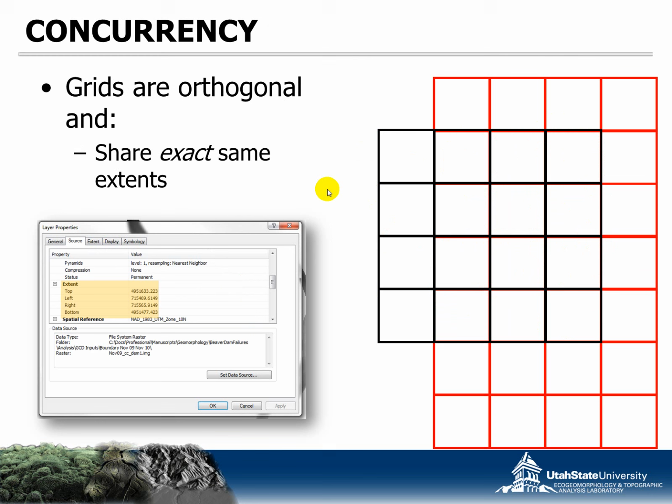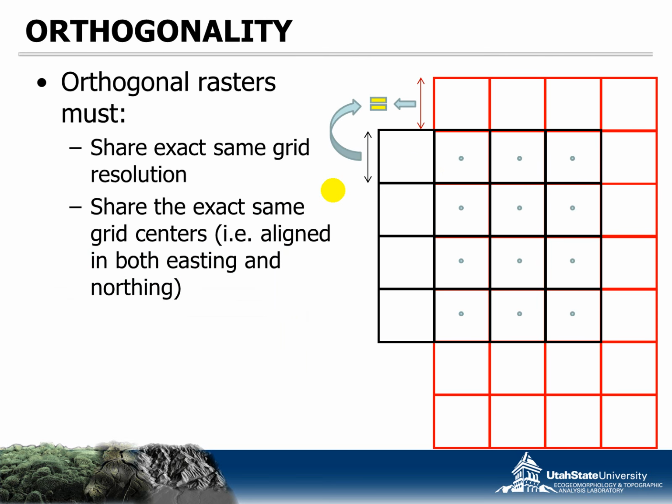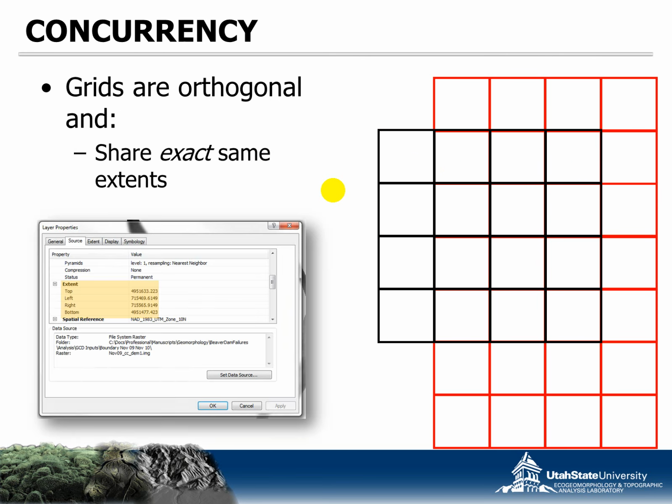So that is different than concurrency. Orthogonality is a more general case. Concurrency is a little bit more specific. So the grids, in this case the black grid and the red grid, have to be orthogonal, so they meet the same criteria, but they also have to share the same extent.